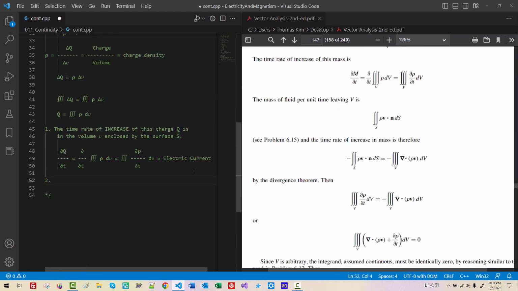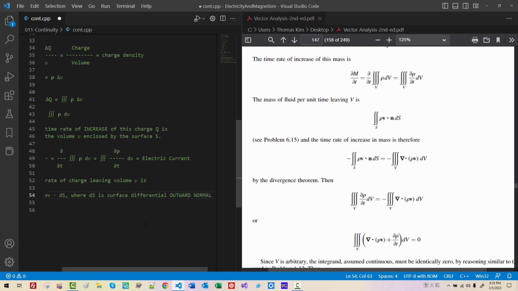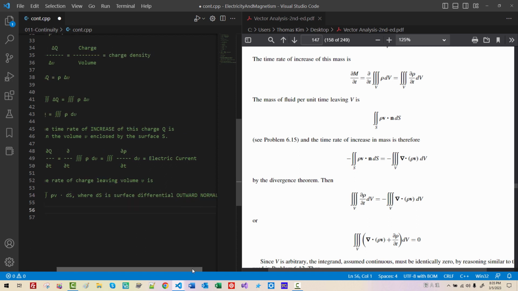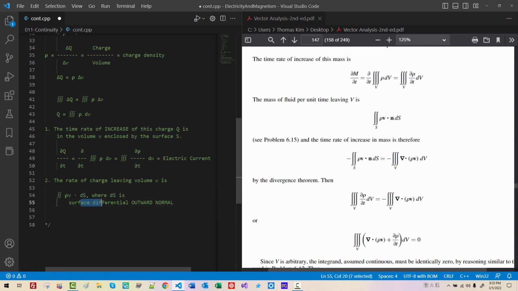Now I will scroll it up. Here, 2. The rate of charge leaving volume V is the surface integral of ρV dot dS, where dS is the surface differential outward normal. Because dS is the outward normal, the rate of charge leaving volume V is decreasing.